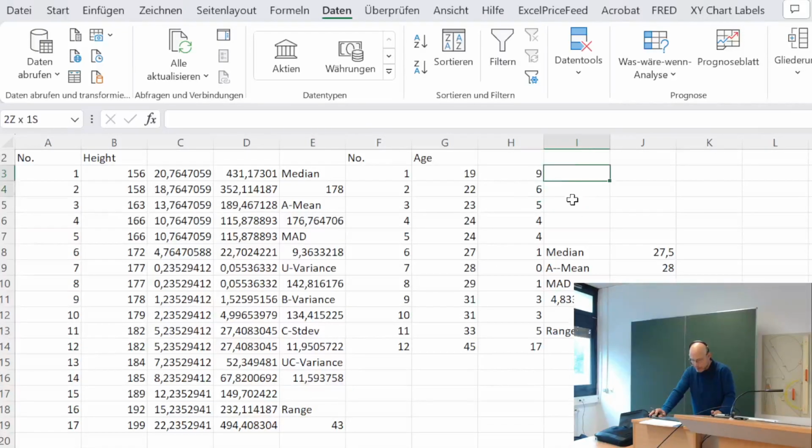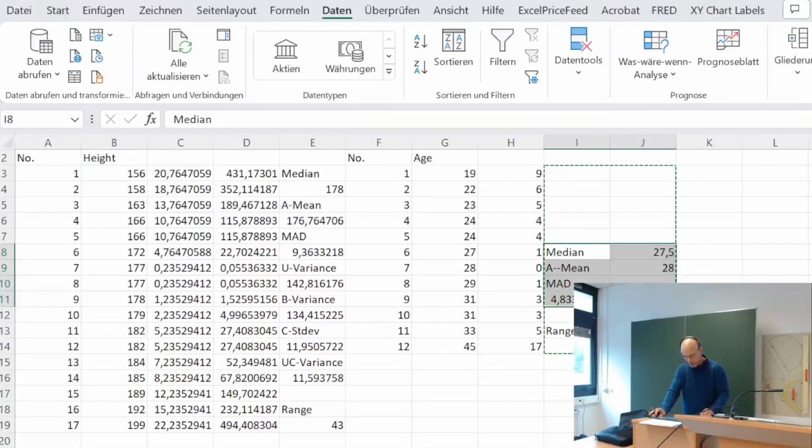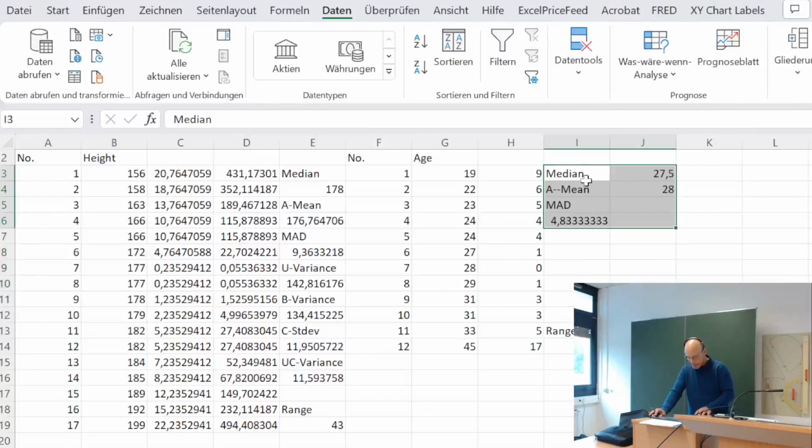Well, and all this we also have to do for our other sample. Let's move this here downward a little bit. This is not enough, almost.